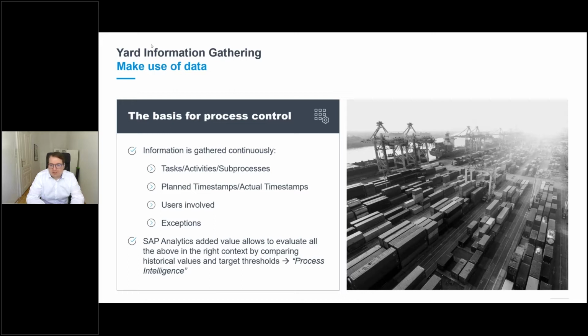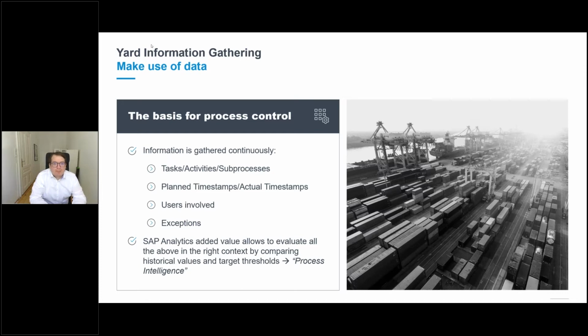I'm always telling my clients, this is SAP. SAP loves data. Everything is logged, everything is documented. This includes also the users involved in the process and exceptions. So you have all this information, all this data already at hand after you implemented yard logistics. So why don't you make use of this data? It's not just about the current process control.